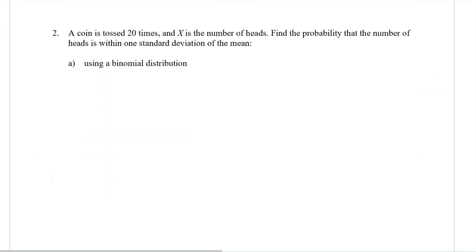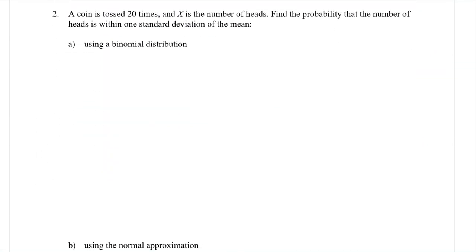Question 2. Tossing a coin 20 times, and X is the number of heads. That sounds familiar. Find the probability of the number of heads is within 1 standard deviation of the mean. So it starts off the same way. We still have N equals 20. We still have P is equal to 1/2, and Q would also be equal to 1/2.